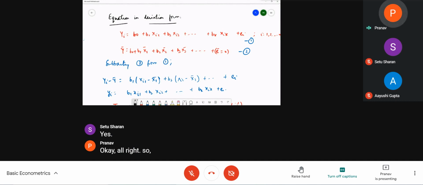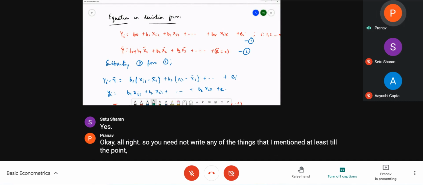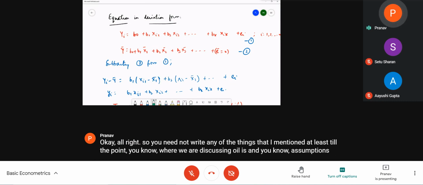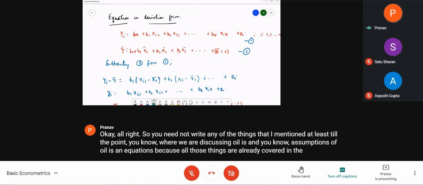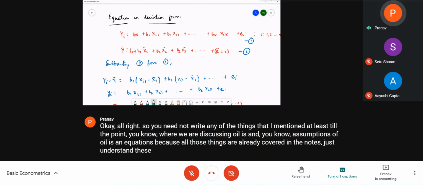So you need not write any of the things that I mention, at least till the point where we are discussing OLS and assumptions of OLS and equations, because all those things are already covered in the notes. Just understand these portions and then we are good to go.